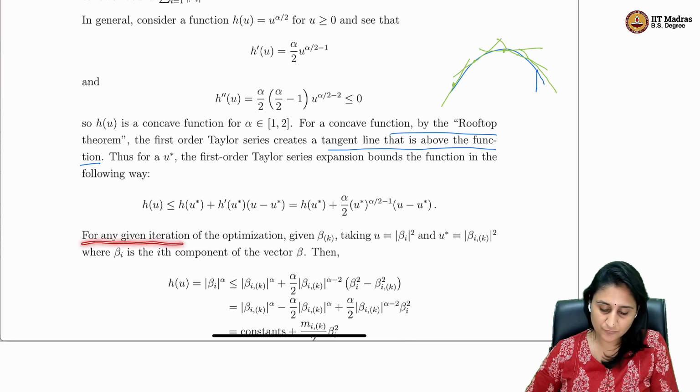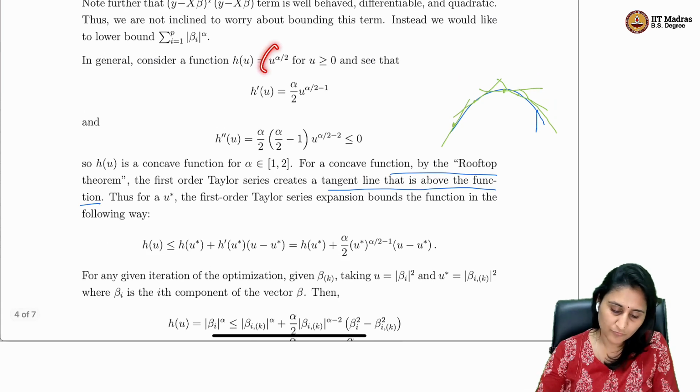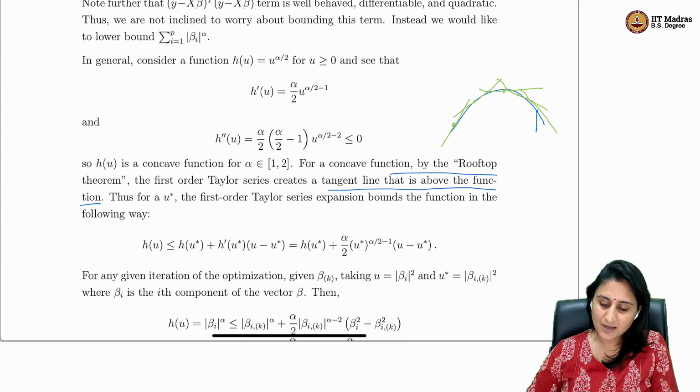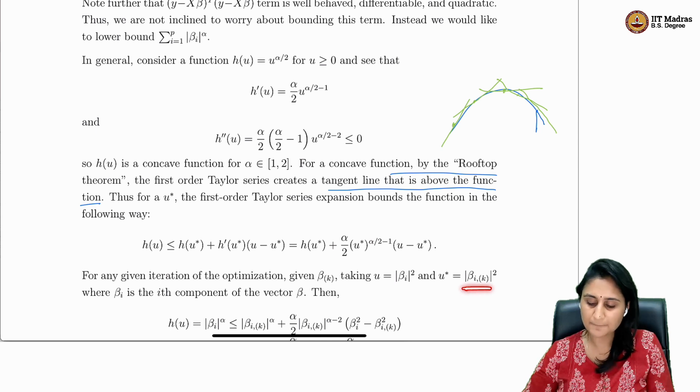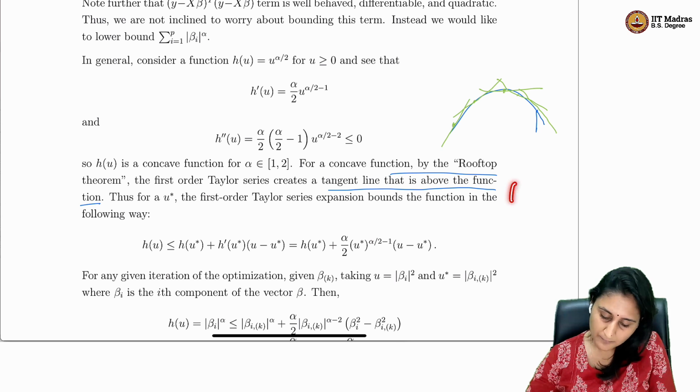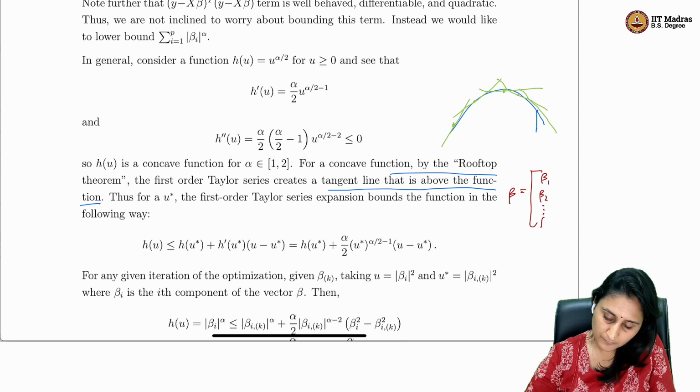For any given iteration of the optimization algorithm, we are given a beta k. Okay. Now taking u over here to be beta i squared and u star, the point where I'm taking a Taylor series expansion, to be the current iterate beta k and the ith component. So just to be clear, the vector beta is beta 1, beta 2 up to beta p.